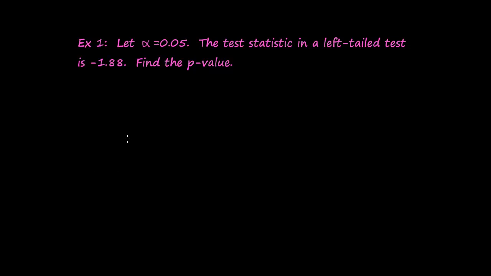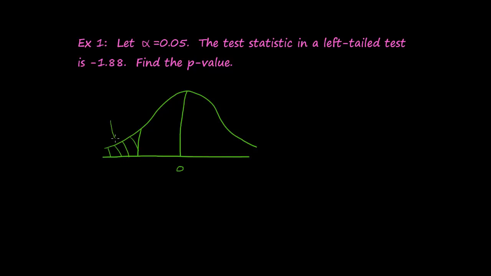So let's get a diagram of this. It's a left-tailed test. And what we're saying is we have an alpha of 0.05. So what I've shaded here is the area associated with alpha.